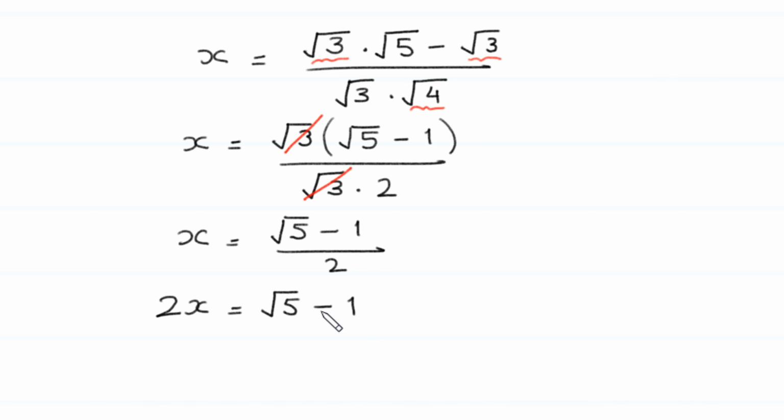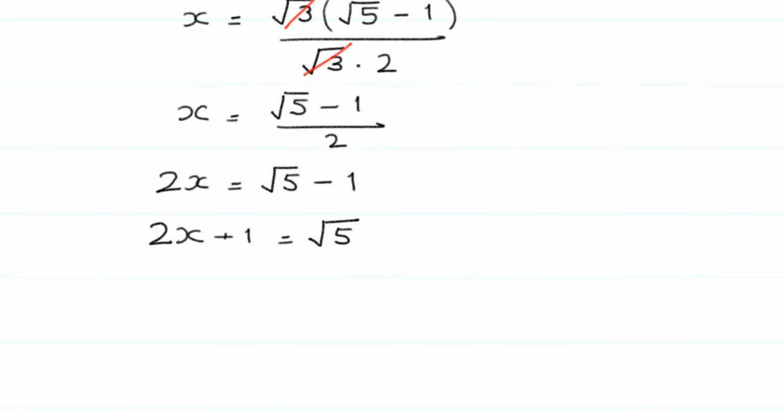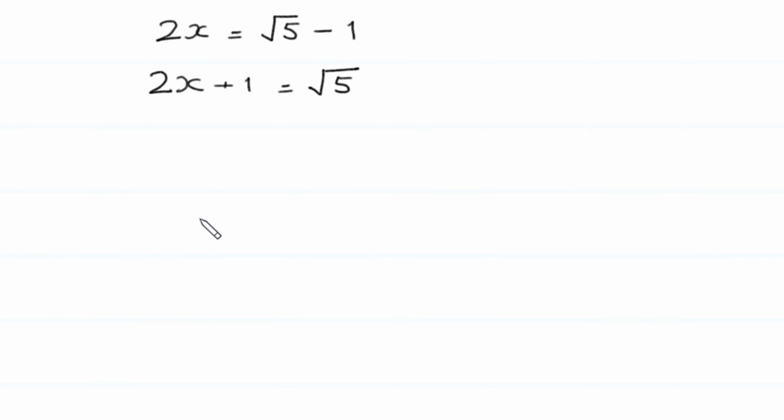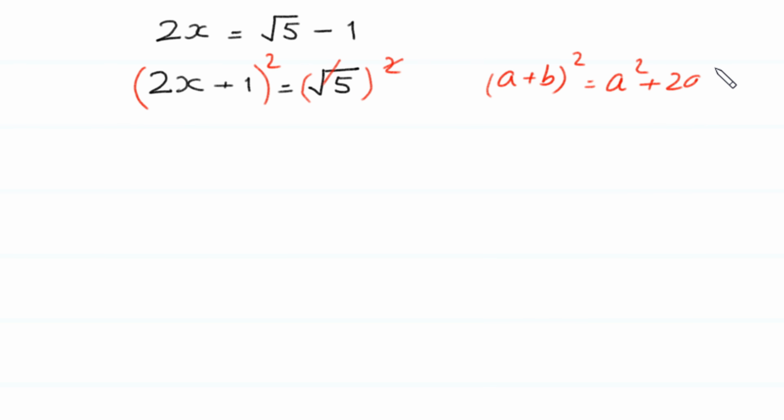Now we move this negative 1 to the left side. 2x plus 1 is equal to square root of 5. Now from here we take square of both sides of this equation, and this square will be cancelled with this square root, and according to algebraic identity, a plus b whole square is equal to a square plus 2ab plus b square.